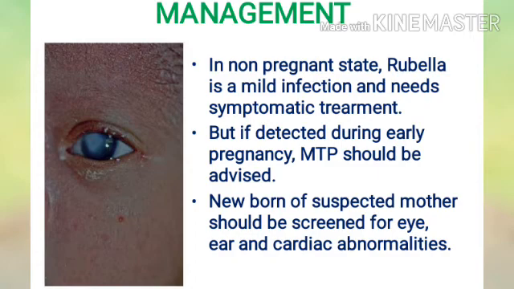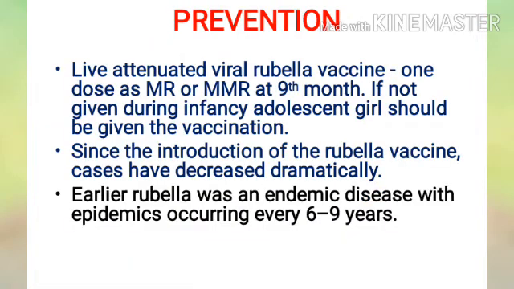The most important part of the management of this deadly disorder is the prevention of this condition. Very effective vaccines are available nowadays. So what we can do is to prevent the disease by active immunization.